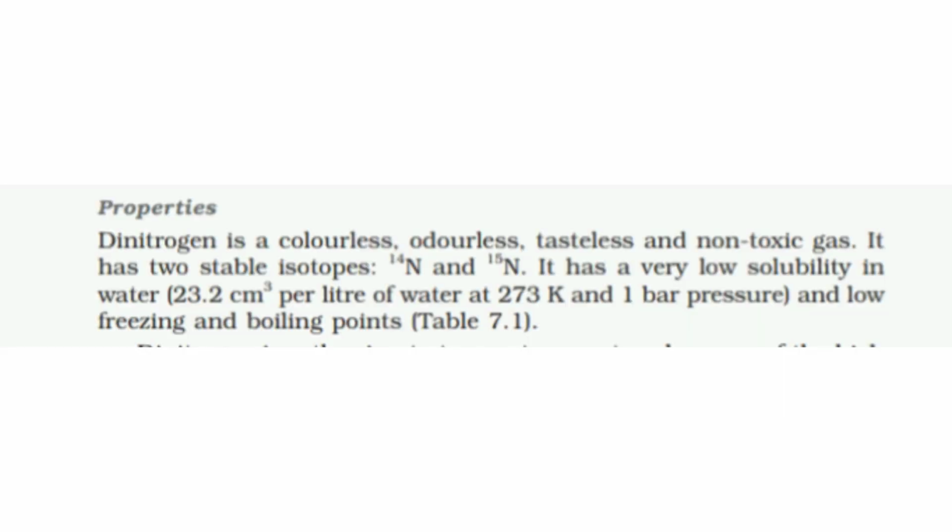Properties of dinitrogen. Dinitrogen is a colorless, odorless, tasteless, and non-toxic gas. It has two stable isotopes, 14N and 15N. It has a very low solubility in water, 23.2 cm³ per liter of water at 273 Kelvin and 1 bar pressure, and low freezing and boiling points.